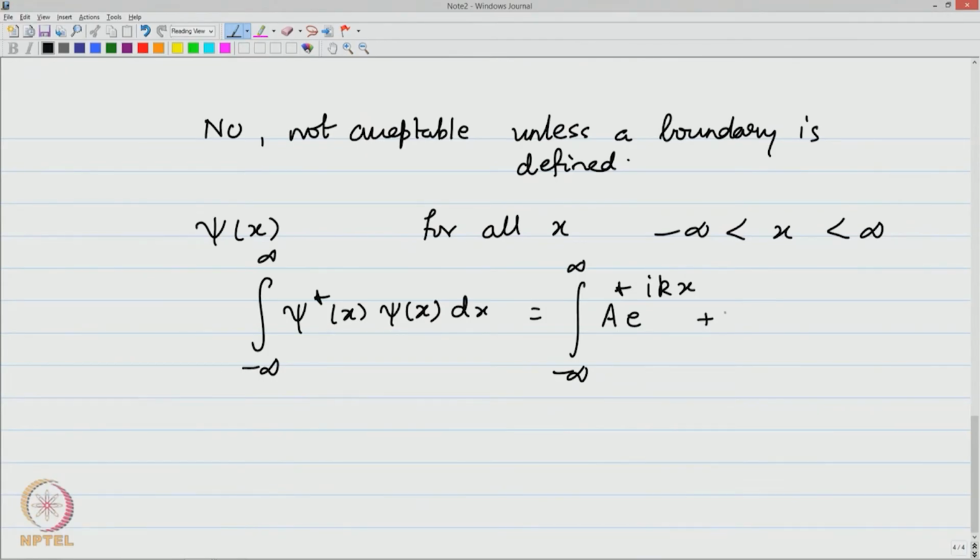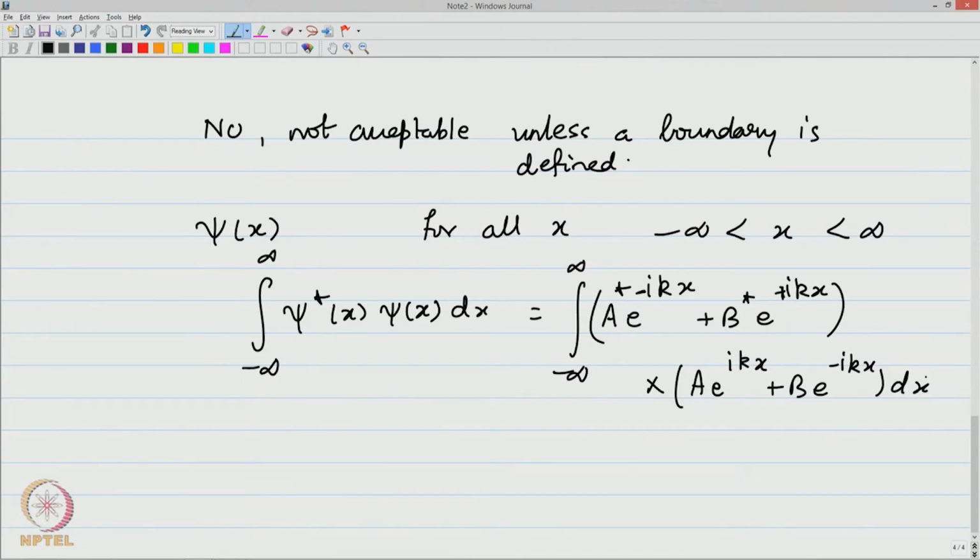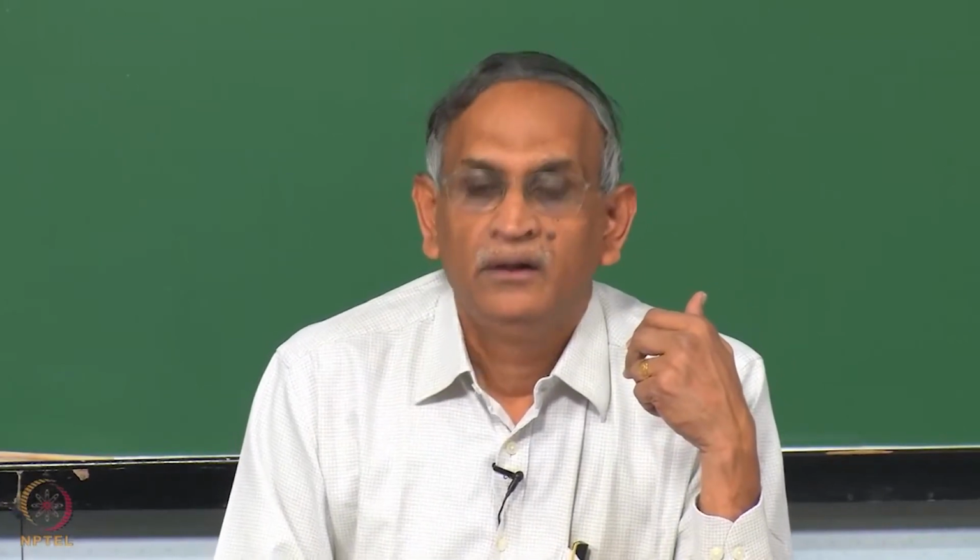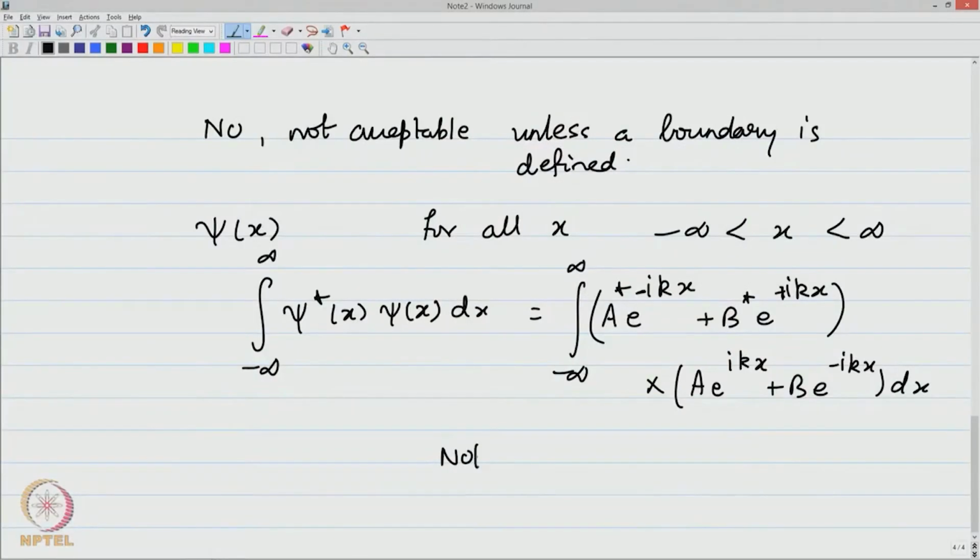This is psi star multiplied by psi, which is A e to the i k x plus B e to the minus i k x, dx. It is easy to show that this integral never terminates at infinity, it keeps on oscillating, and in fact, it becomes infinite. This integral becomes infinite. Okay. So, not acceptable, not normalizable.